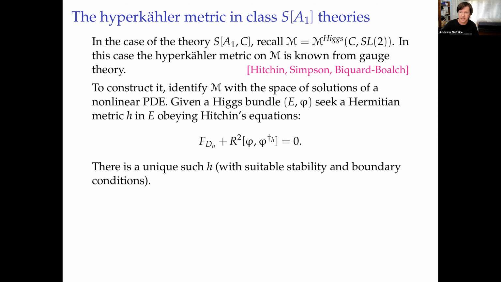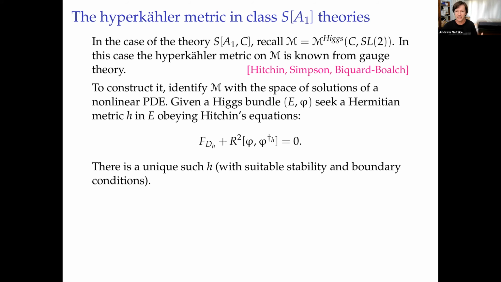So I wrote that equation here. If someone gives you a Higgs bundle, you look for a Hermitian metric in the bundle that obeys an equation. And the equation says that the curvature of the Chern connection is not 0. You don't ask the Chern connection to be flat, but you ask it to be equal to the commutator of the Higgs field and its adjoint, up to this factor of R squared. Anyway, the details of the equation aren't important.